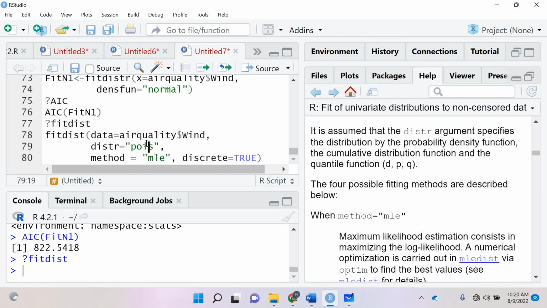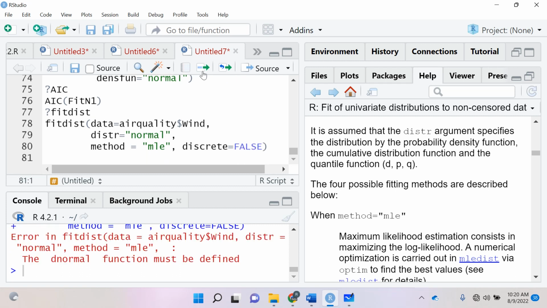Okay, so let me try and say normal and see whether it will work. Discrete is false because this is not a discrete distribution. The normal function must be satisfied. So normal, let me see.